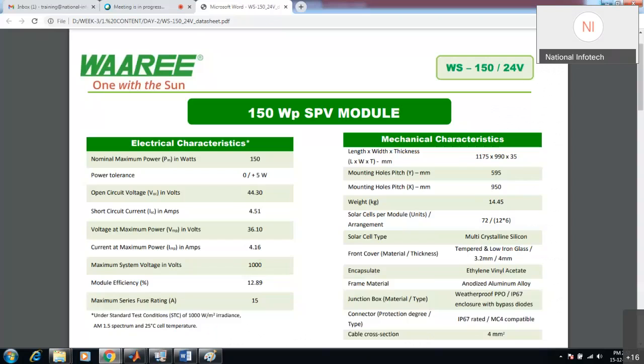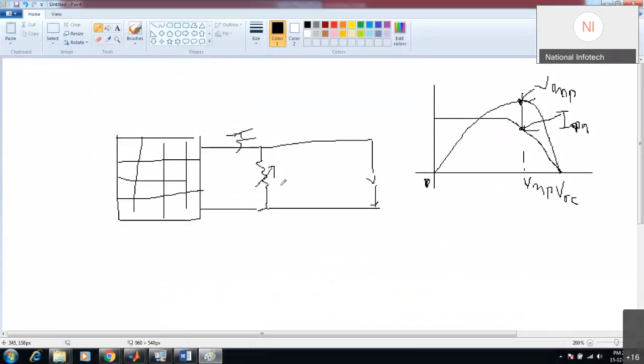Moving further, we know that in this case we will have to continuously change our resistance in order to get the maximum power. So what we will do is design a boost converter to serve as the maximum power point tracker.